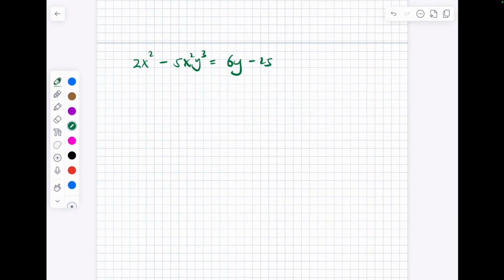And the 25 is going to go away completely. So 4x minus 10xy cubed minus 15x squared y squared dy/dx is equal to 6 dy/dx.